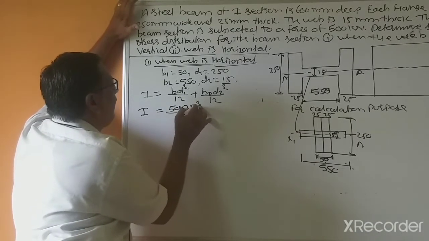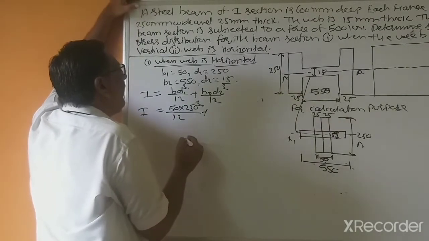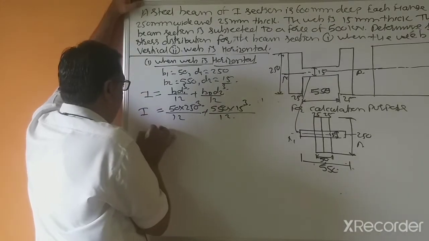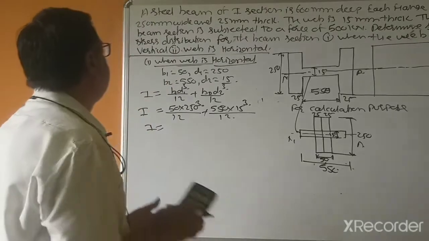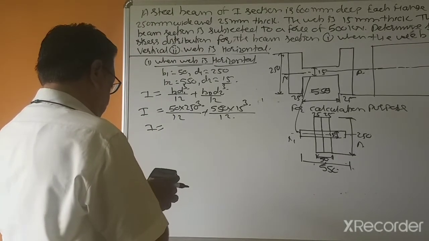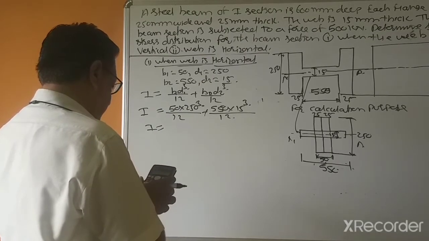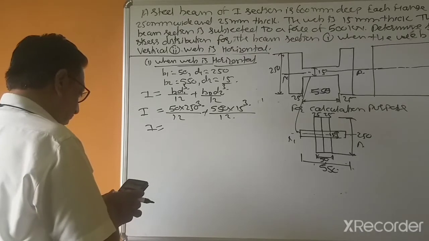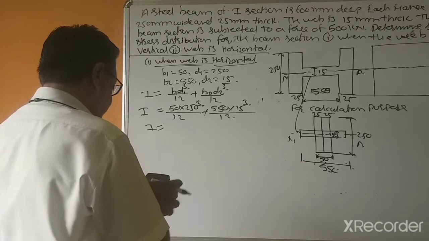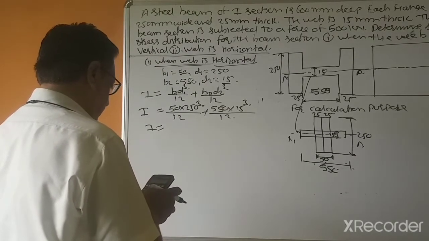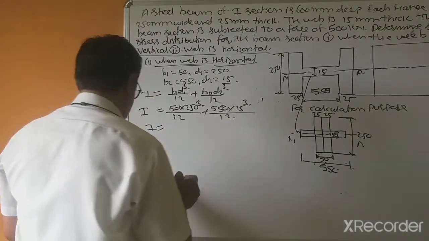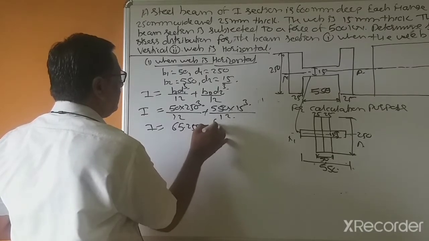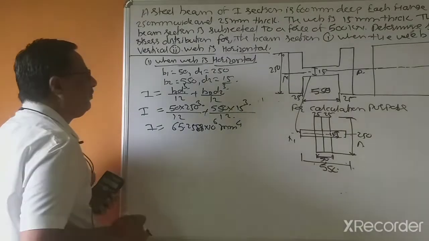D1 ... this is 65.2588 10 to the power 6 mm raised to 4. Moment of inertia.